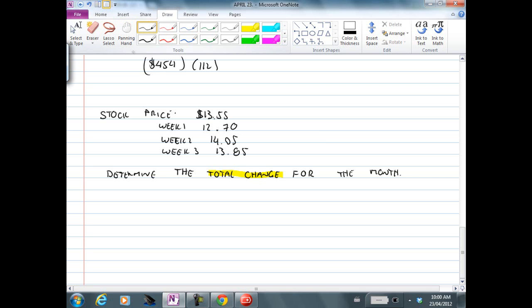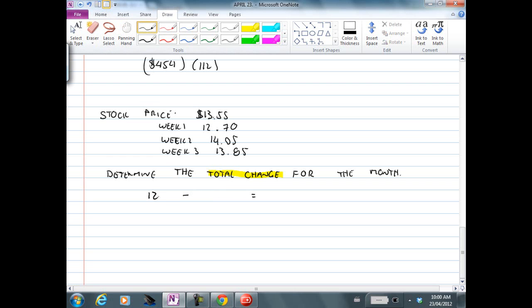So let's look at the first one. From opening to week 1, we're going to have $13.55 minus $12.70. This is the change from week 1. I want you to calculate this for me. What's the price going to be? Grab your calculator and figure this out. Sorry, I should go down the other way. It should be week 1 minus opening.